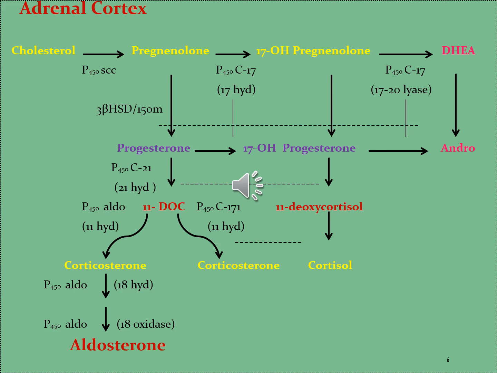Now we will see how cholesterol is changed into pregnenolone. Cholesterol is a compound consisting of 27 carbons, and by the effect of enzyme P450, a mitochondrial enzyme, cholesterol is converted to pregnenolone.